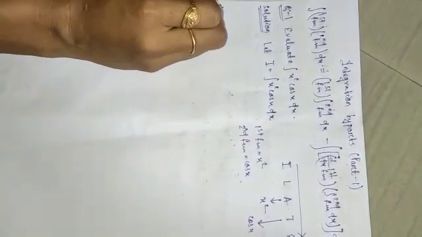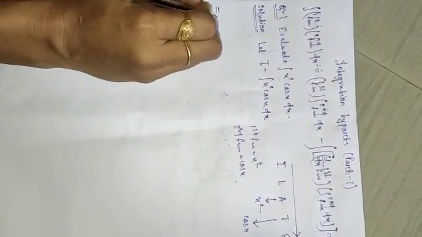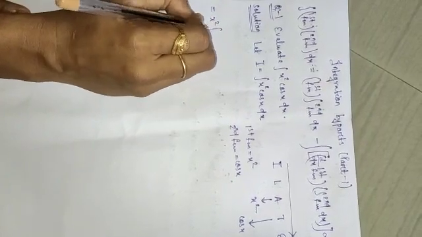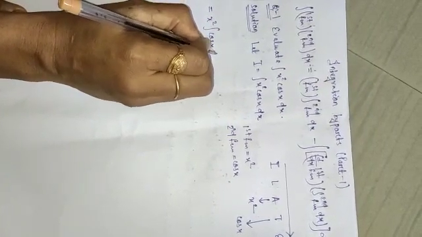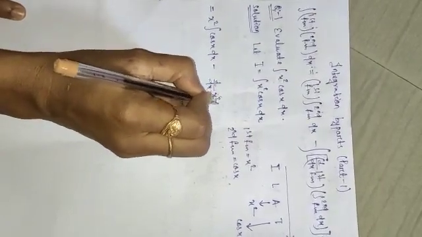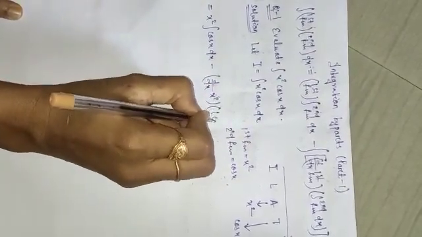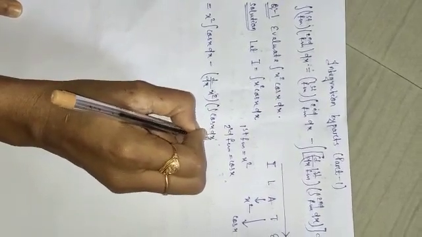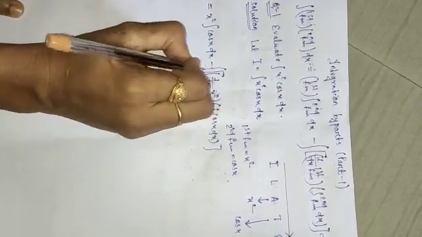Now put in the integration by parts formula: keep the first function as it is, integrate the second function, minus the derivative of the first function into the integration of the second function, again the integration of the whole product.